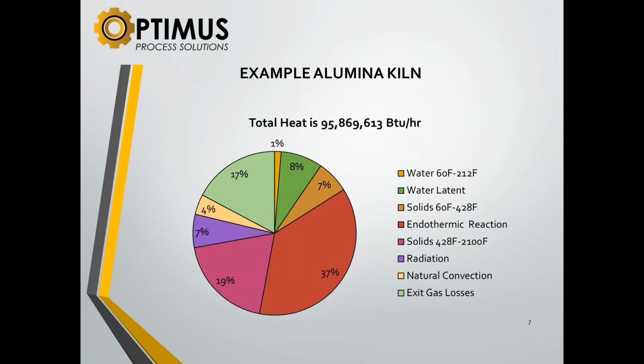Maybe drying the material before you put it in the kiln by some other efficient means would be a good idea, because kilns are not very good dryers. So it would be best to reduce the moisture content before you even put it in the kiln, so you don't have to evaporate water. You can do it much more efficiently in a dryer than a kiln.